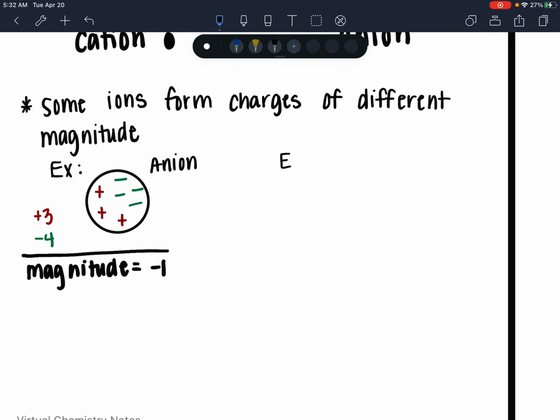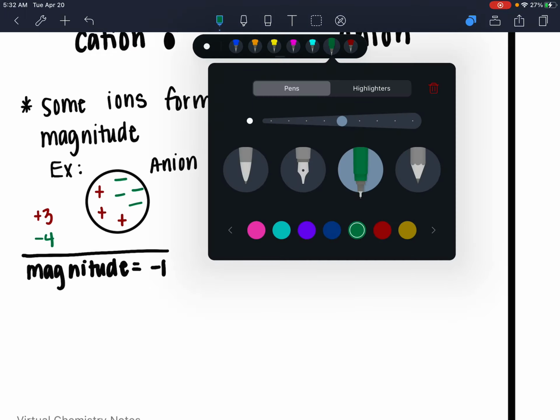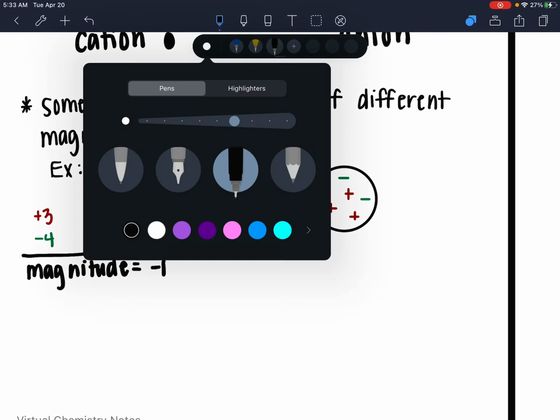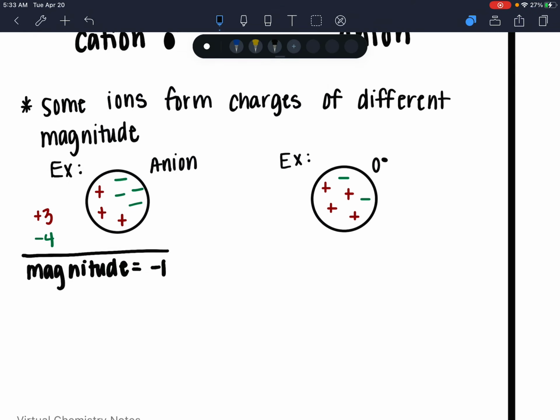Let's look at a different example. Let's say we had an ion that had 4 positives and only 2 negatives. This ion would be a cation, because overall this ion is going to have a positive charge. There are simply more positives than there are negatives. In fact, there are 4 positives and 2 negatives.